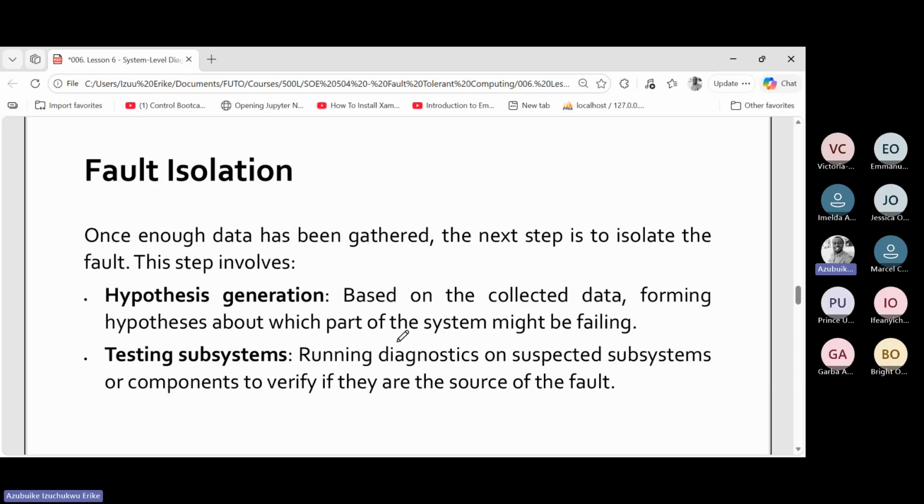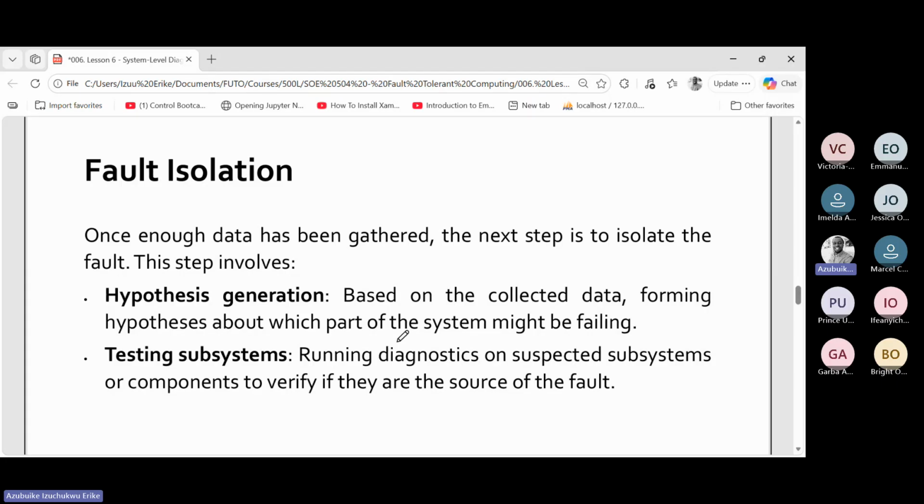And perhaps when a system fails, you may look at the time the system failed and the nature of the data, and you can be able to say that this possibly is the cause of the failure at that point in time. And then at that point in time, it's just still a hypothesis.